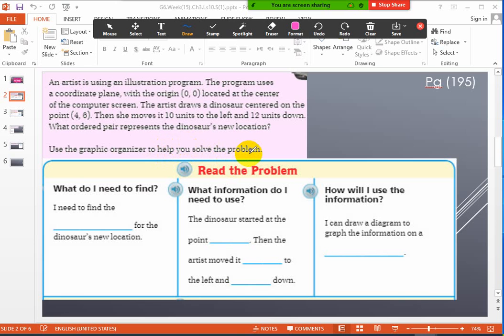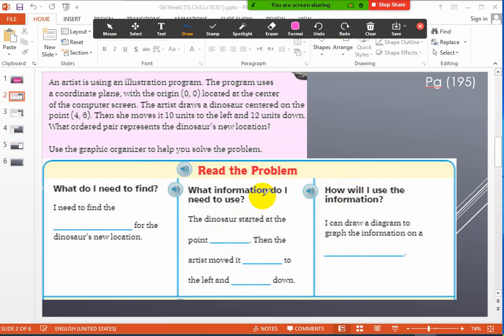First thing, you have the first step, which is read the problem. The first step consists of 3 little steps or small steps. I have to answer those steps or questions to understand the problem. And I taught you how to answer each one.